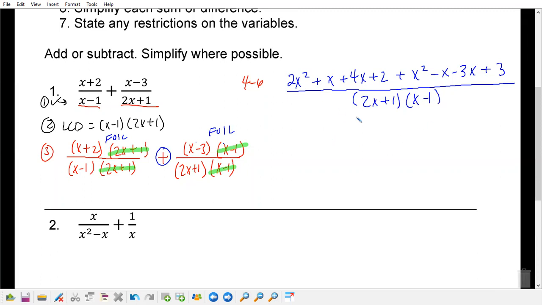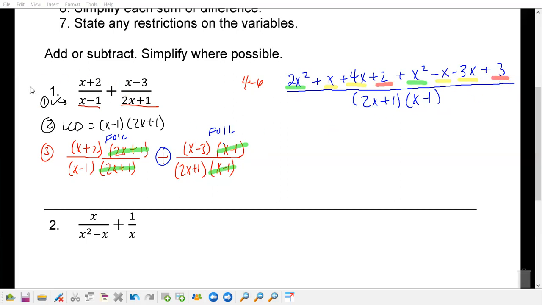All right, now I'm going to keep simplifying, combine, add, all this good stuff. I have 2x squared and 1x squared here. We have x, 1x, 4x, x, negative 3x. And then we have 2 and 3.